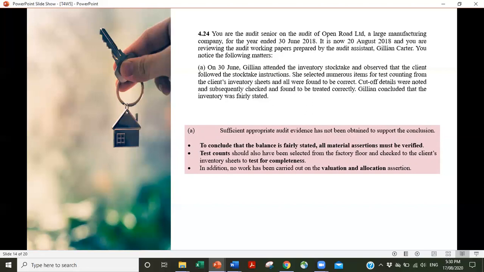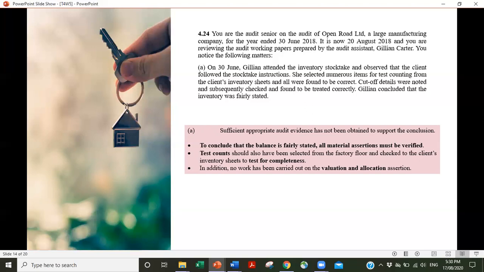There doesn't seem to be any tests on the inventory sheet information to find out whether the correct value, that is the lower of cost or net realisable value, is actually tested here. Okay.